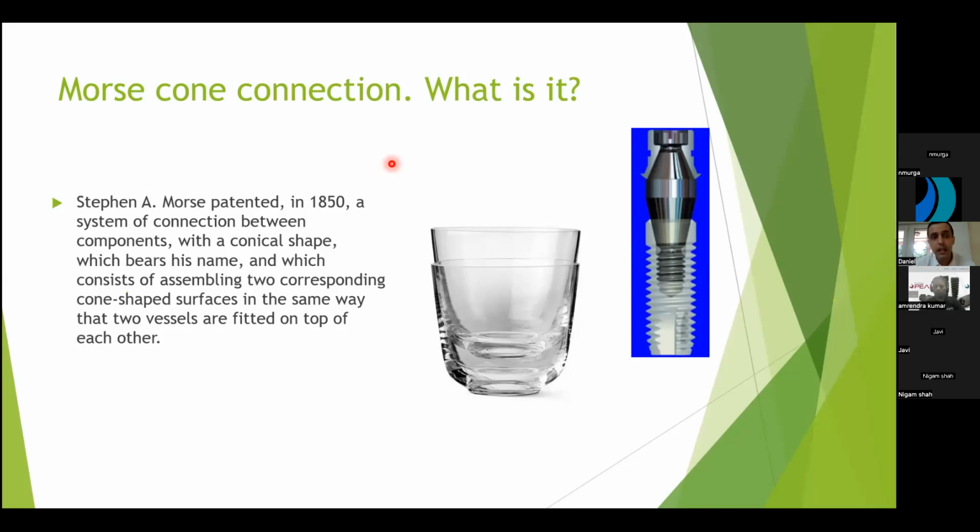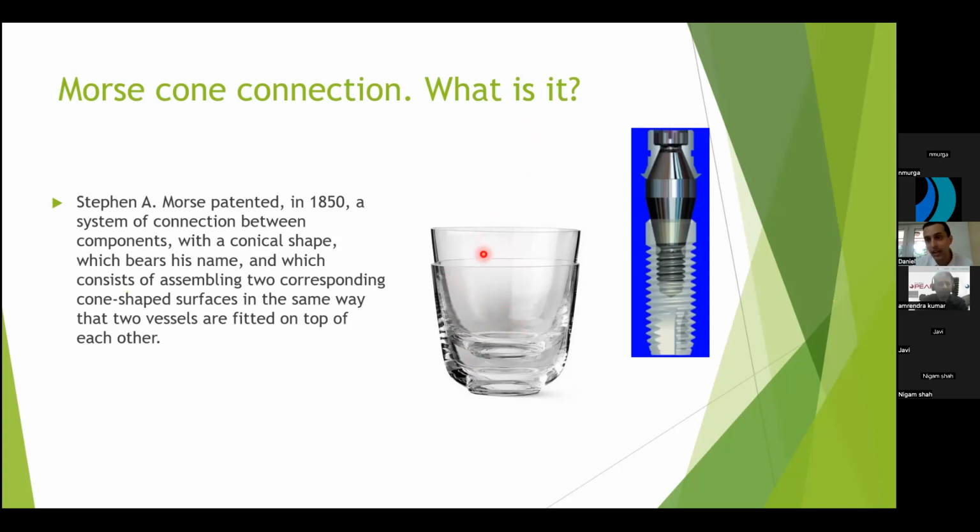which basically consists, like if we see a couple of glasses, basically it's the best image that we can get. Two cone surfaces fit together, and it is really difficult or impossible to separate them. And we don't need a prosthetic screw to join this couple of components.